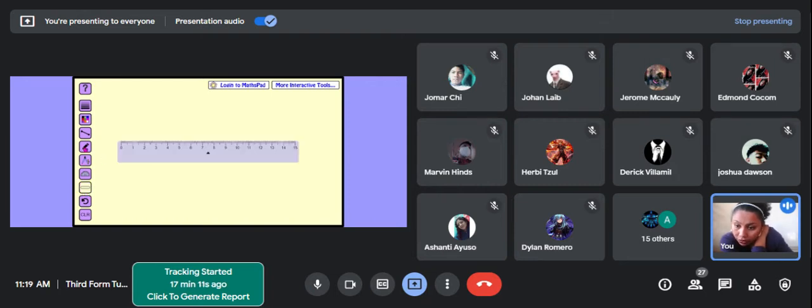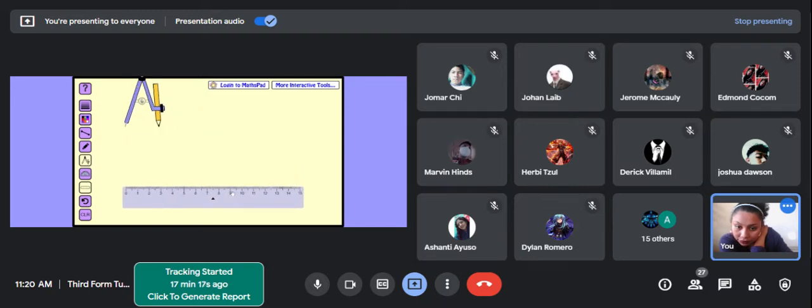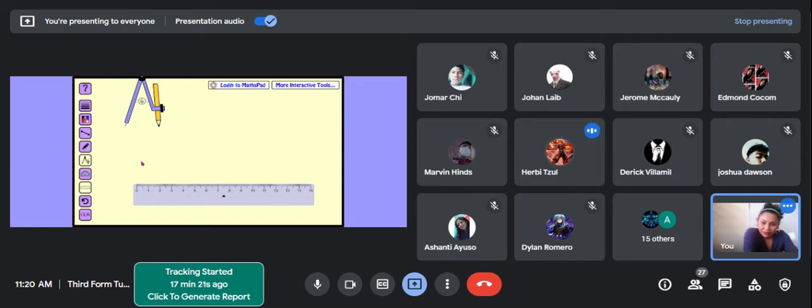I need your ruler. I need your compass. Yes, we do that on a different date, right? Yeah, this is on a typing sheet because you're going to do a construction right now.